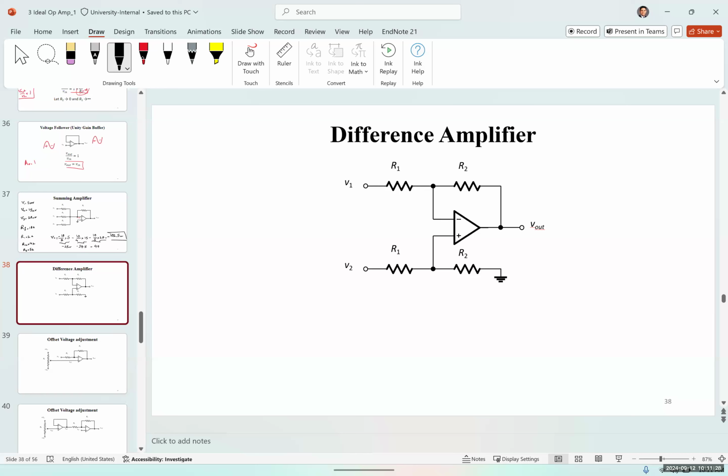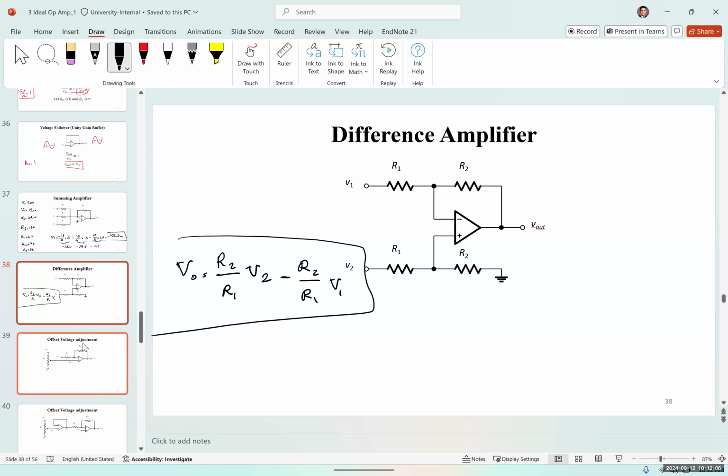For a difference amplifier, V out would be equal to R2 over R1 V2 minus R2 over R1 V1. As you can see here, the resistors are equal, and the output voltage is given by this equation.